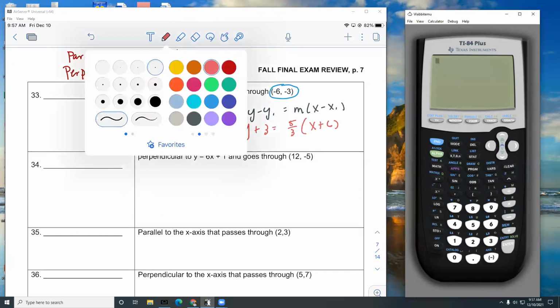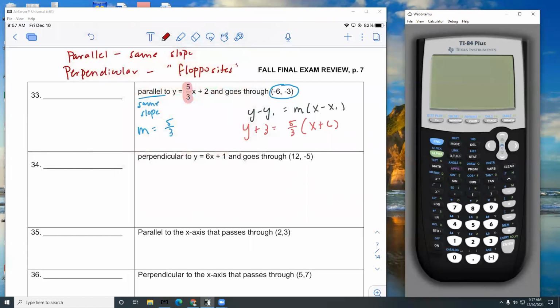Guys, you could leave it like this in your point slope form, or we could go ahead and distribute in that 5/3x and solve for y. That's y plus 3 equals 5/3x. And then in my calculator, I can do alpha y equals 1 and do 5/3 times 6, which gives me plus 10.